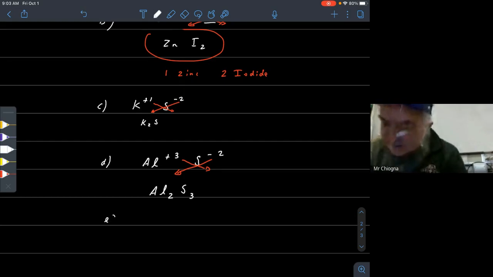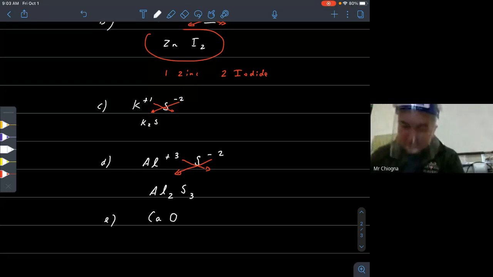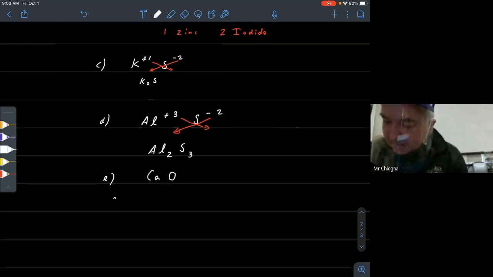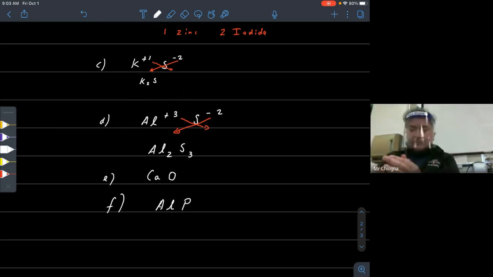Easy is easy. Same charge, CaO. Same value, not obviously opposite charges, but same value. 2 and 2. Same thing with Al and P. We just write AlP, because both of them have a value of 3.